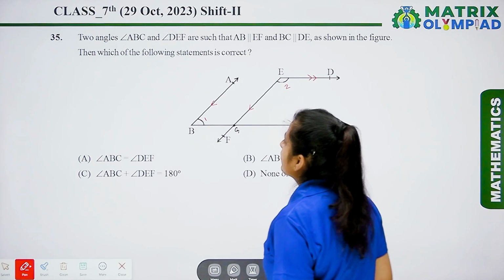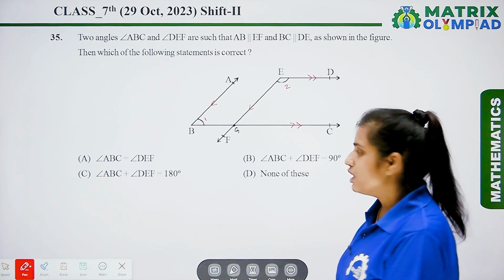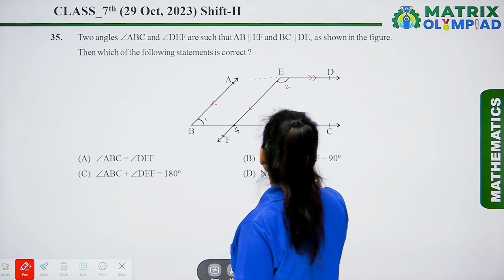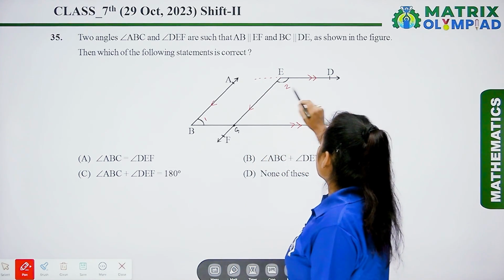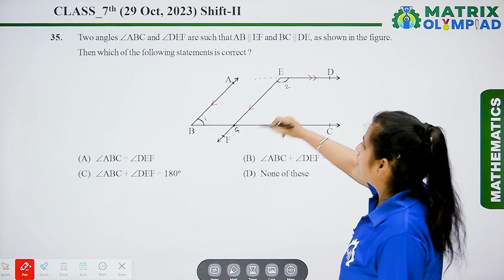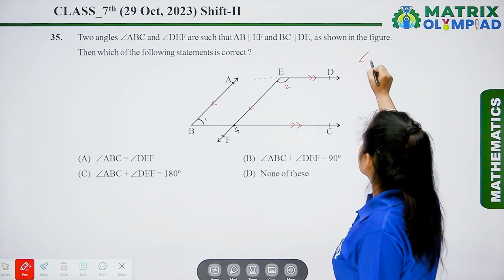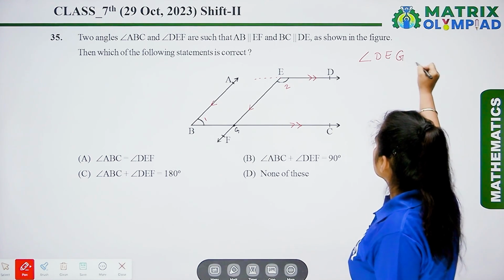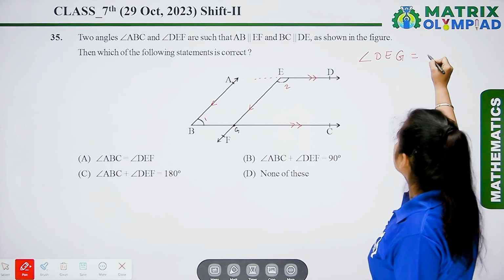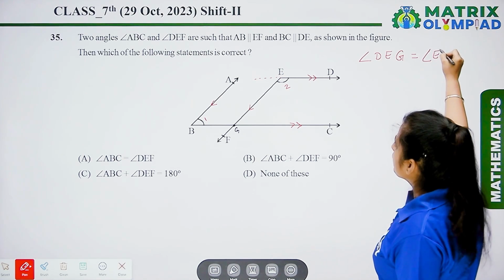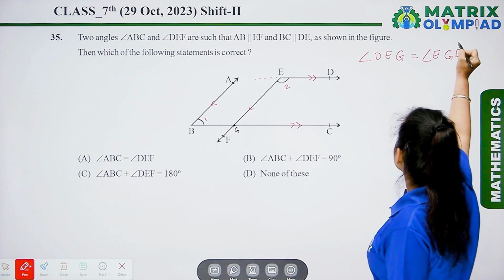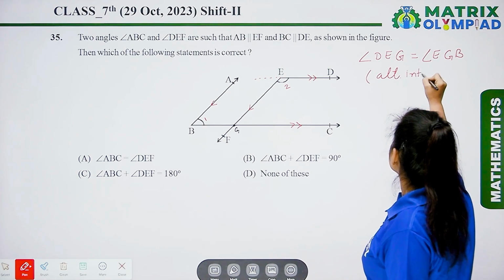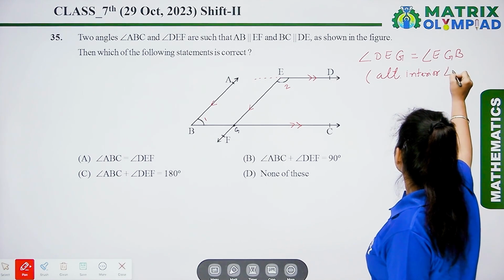So this angle is not equal. Why? Because according to the parallel line concept, if line BC is parallel to ED and EF is a transversal, then angle DEG is equal to angle EGB because of alternate interior angles.